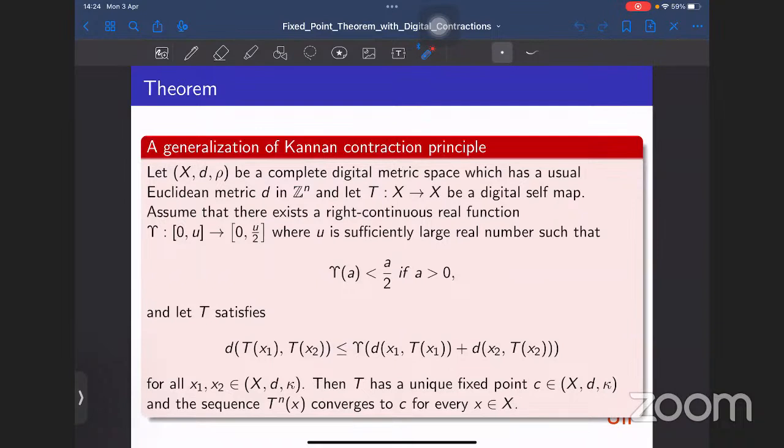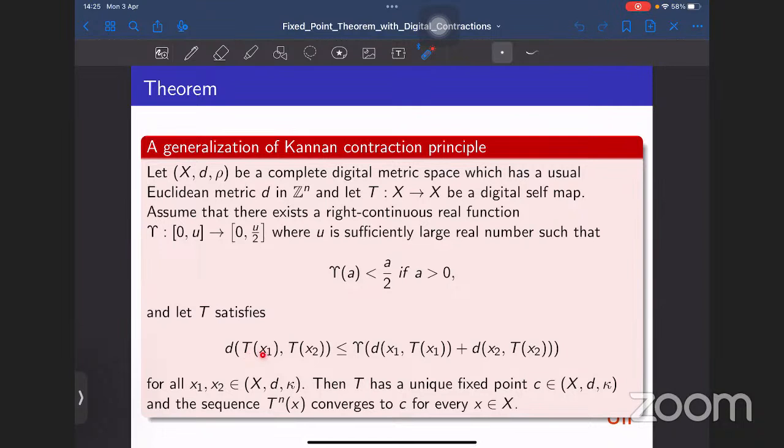We can make a function epsilon that sends values from the closed interval 0 to u to 0 to u over 2, where u is a real number, and epsilon(A) is defined as less than A over 2 if A is positive. But if A is 0, it can be another value. And T will satisfy this.